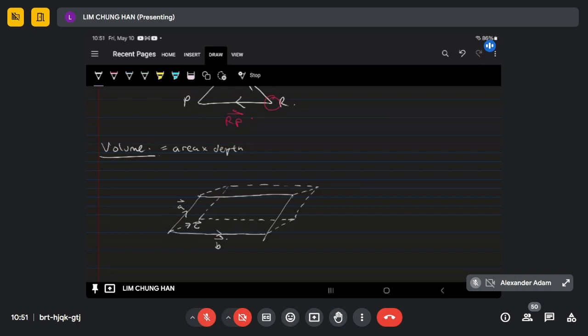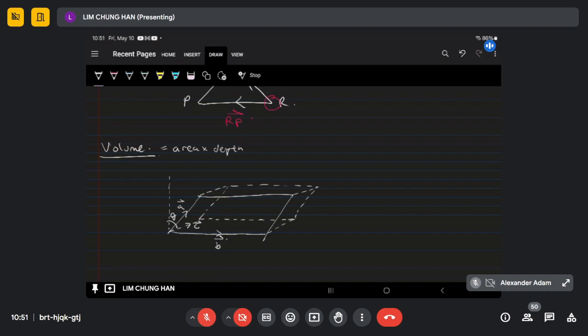Because this is a parallelogram, everything is slanting to one side. If this is a straight line, the slant would be an angle of theta. So the whole thing is slanted to one side, and that slant is represented by that angle theta.